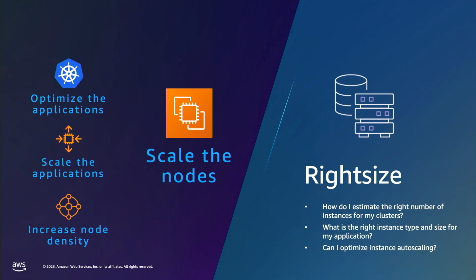So many other different things. But what we have seen is that scaling the nodes optimally is a good point to start. And it's also where you can have more impact on sustainability and cost savings, as the compute part, in particular, is the one where you will be spending the most, for example.